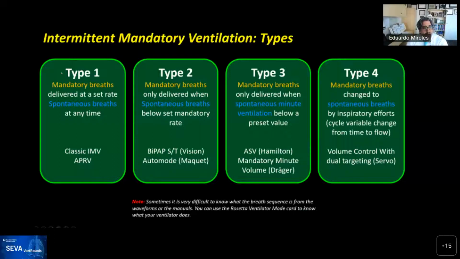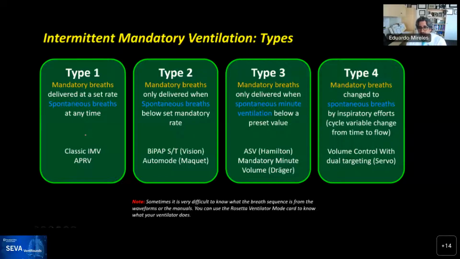What you know as type 1 is the classic IMV usually described in the literature, which is mandatory breaths delivered at a set rate, and spontaneous breaths can happen at any time in between. And they can be synchronous, so you can synchronize the spontaneous breath with the mandatory, but you will get that set rate that you have set on the ventilator.